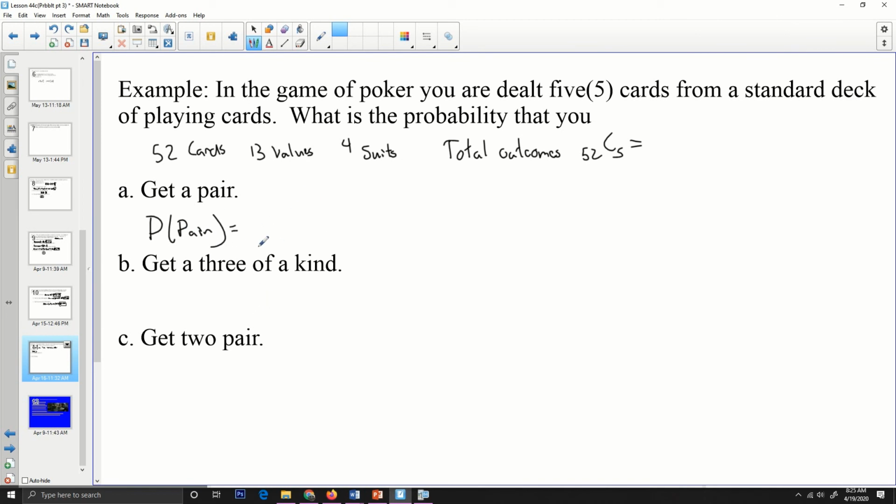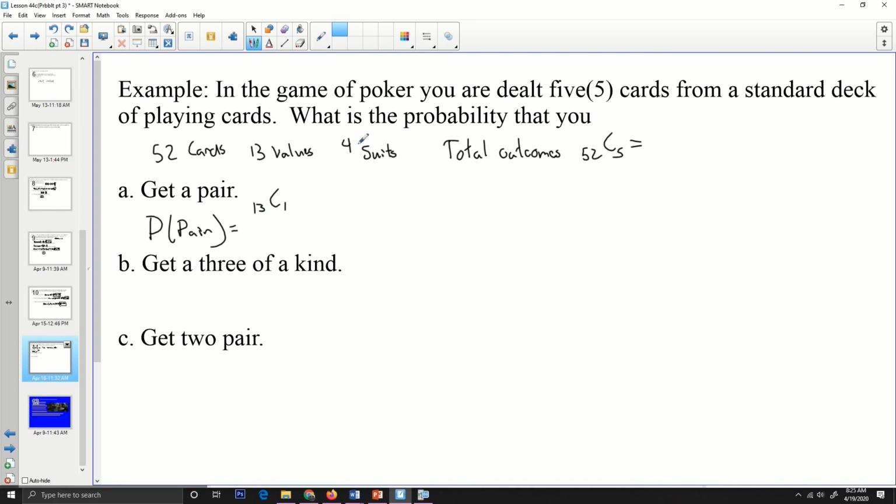So the first thing is you have to choose one of these values for which to get the pair. Out of the 13 values, we are choosing one value that we're going to get a pair of, okay? Since I'm talking about a pair, there are 4 different suits that have that same value. So let's say that we chose a 3.